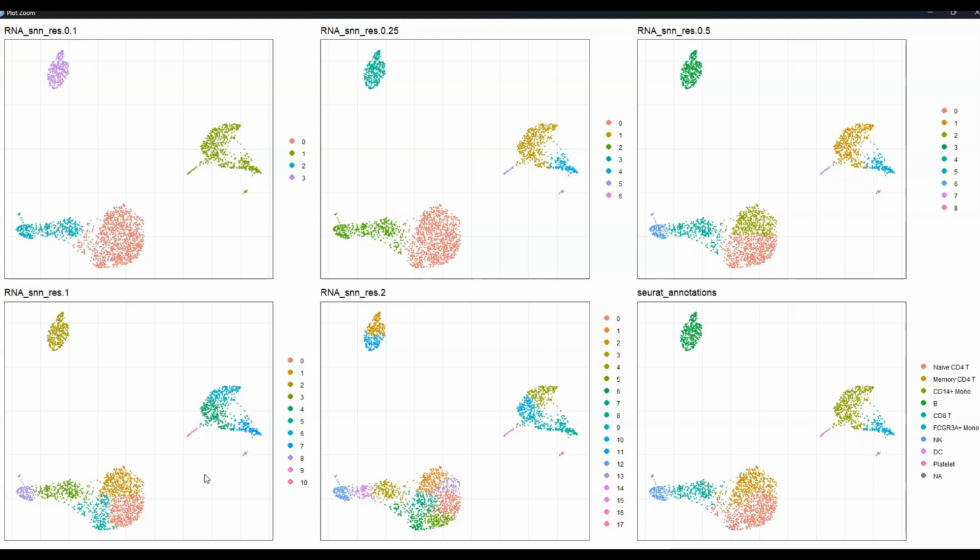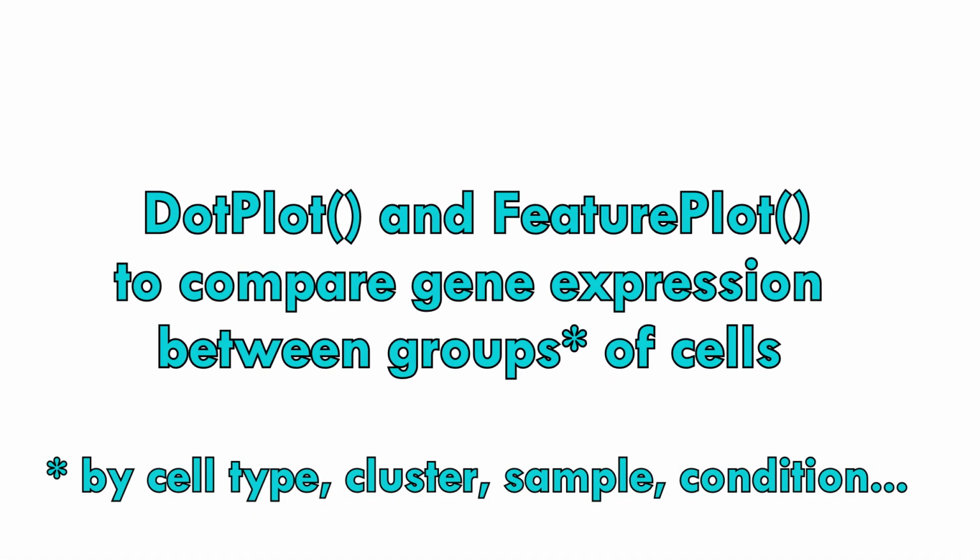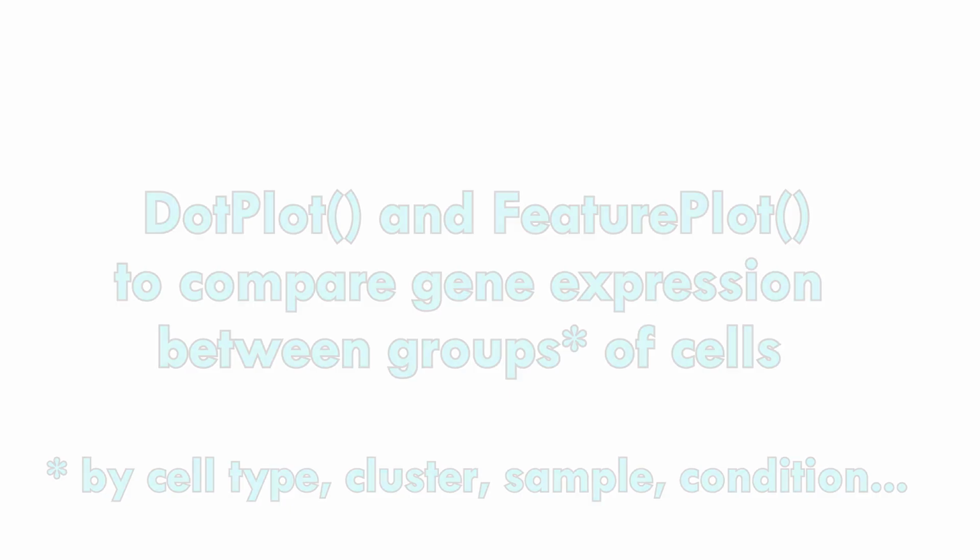Okay, so if you're analysing your own data, you'll have to annotate the cells yourself. How do we do that? First, a useful Seurat function to know is DotPlot and FeaturePlot, which we can use to check for the expression of certain markers.